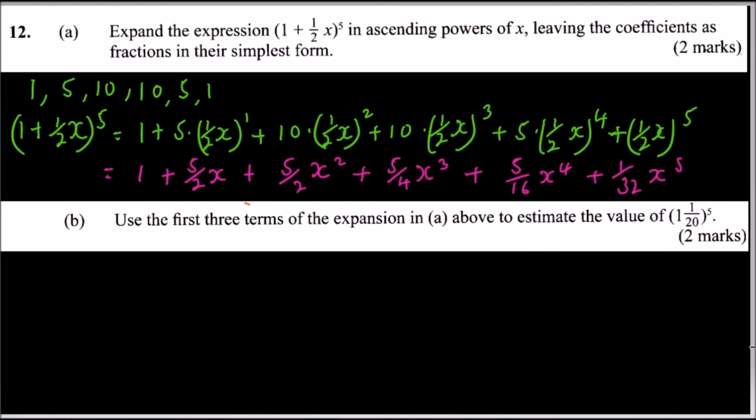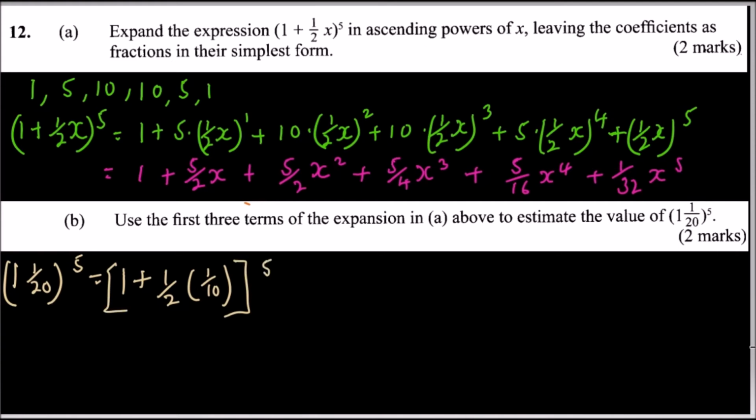So the first thing is to write our 1 and 1, that value, in a format as in A. So we can say 1 and 1 over 20 to power 5 is equals to 1 plus, now here we have a half, so we need to put 1 over 10 here, so that when you open, it is the same as 1 plus 1 over 20, and we put to power 5.